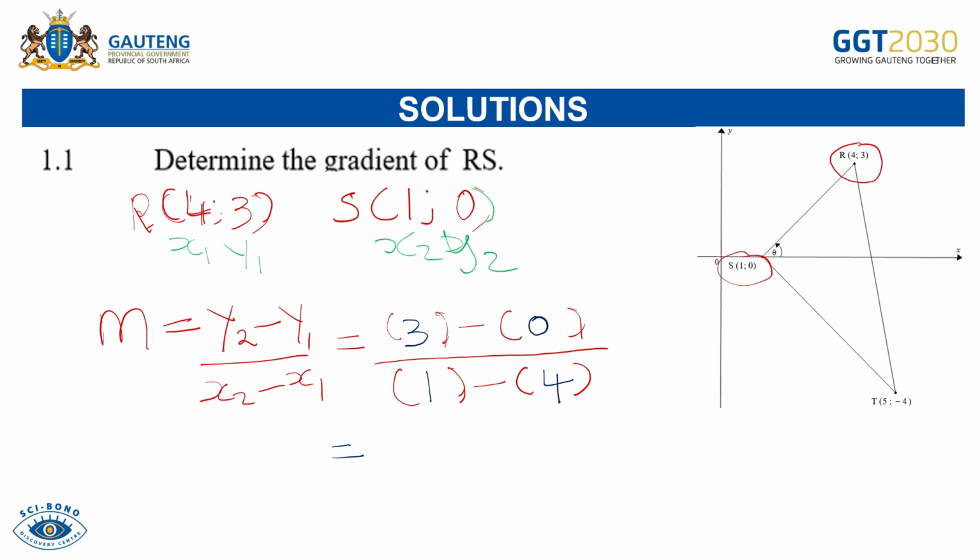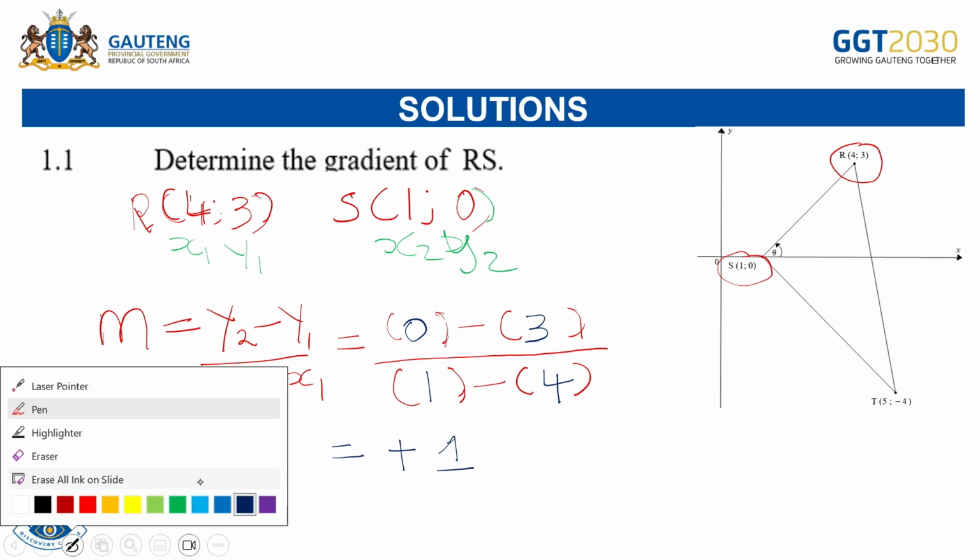Then you will have your gradient there as negative 1. Let's look into our substitution. Sorry, your y2 is 0, and then you'll have positive 1 there.